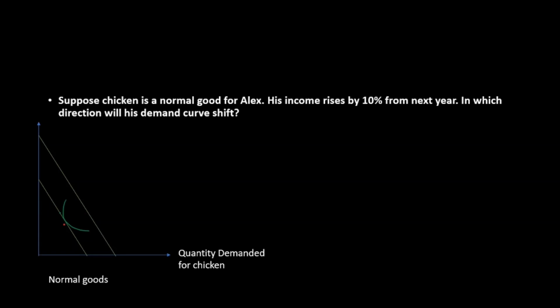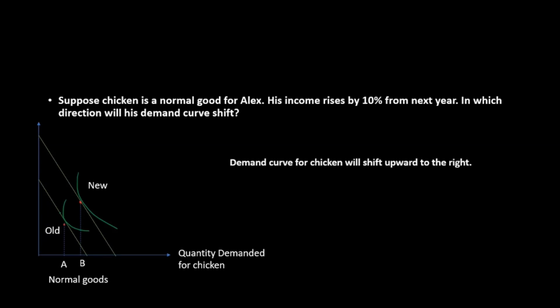I have my old indifference curve as well as my new indifference curve, and we know the point of tangency between the indifference curve and the budget line is the most optimal point of consumption. Let me find the most optimal point of consumption for my original as well as the new budget line, and name them A and B.